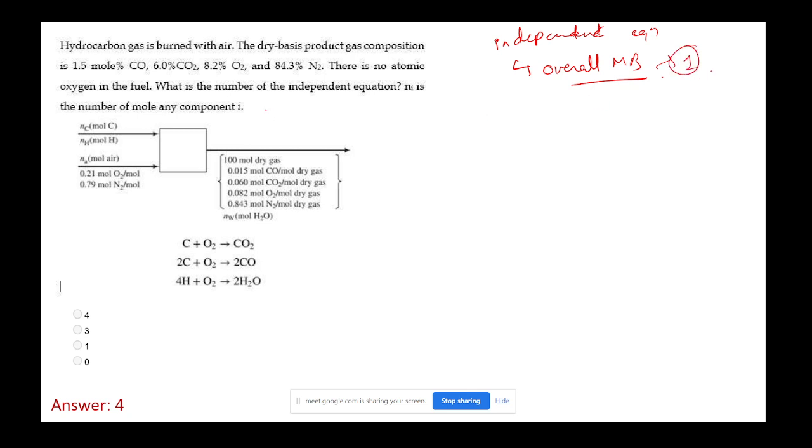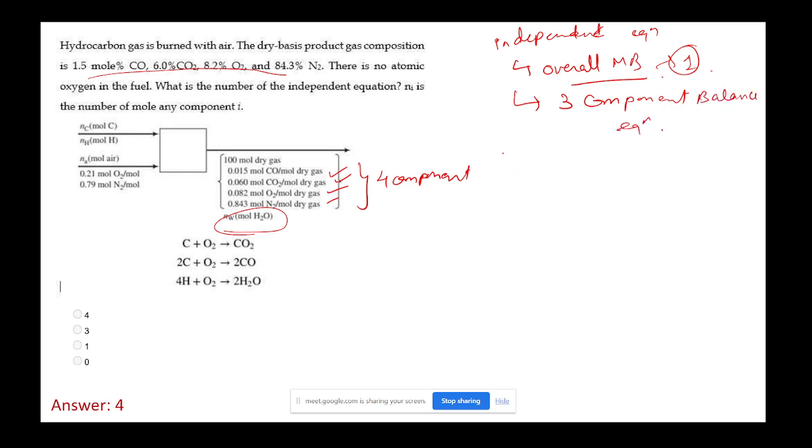Then you have, let's say in this, 1, 2, 3, 4 components. Here the mole percent you are given is on a dry basis. So W obviously you will not consider in this. So you will have 3 component balance equations.